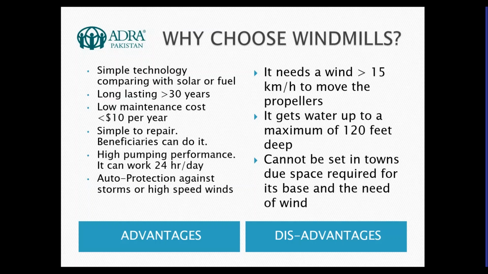We have experience at 150, a little bit, but not with the same performance as at less depth. But that is a restriction as well. Maybe with a solar panel, with a submersible pump, you can get water from deeper places, but the windmill has that restriction.